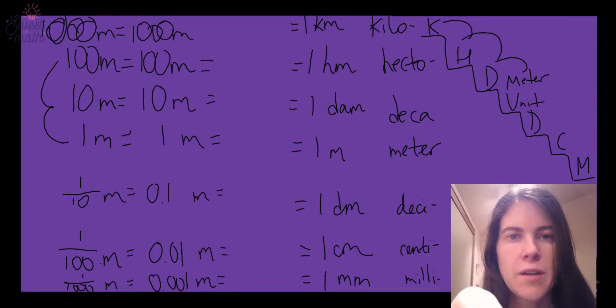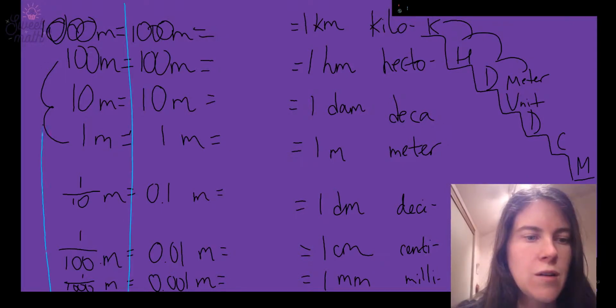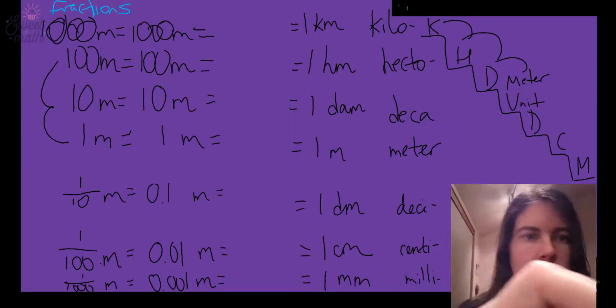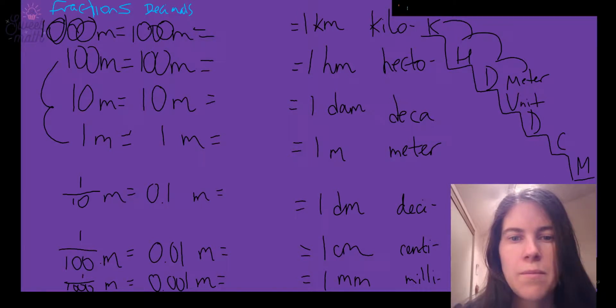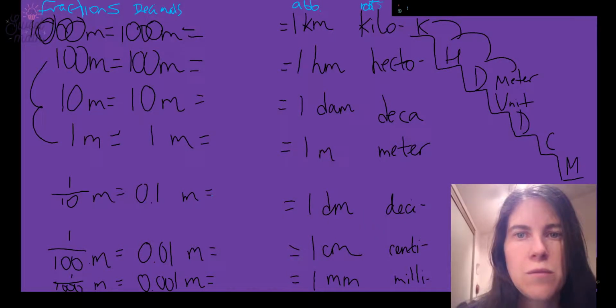Now you probably already guessed what my columns are. I'll label them. This column is the fractions. This column is decimals. This column is abbreviations. And this column is the roots.